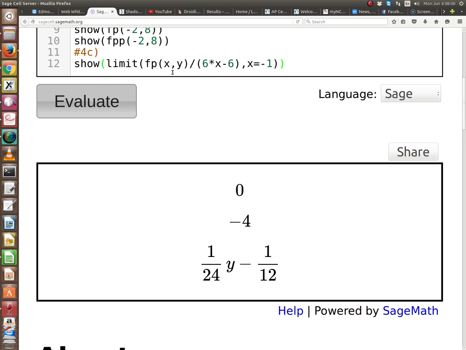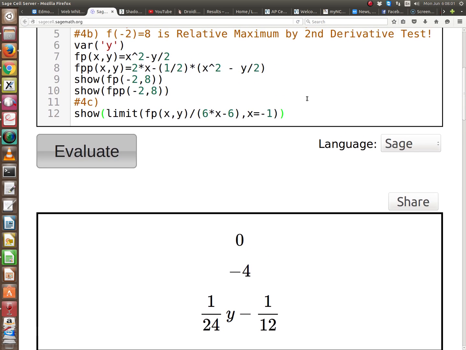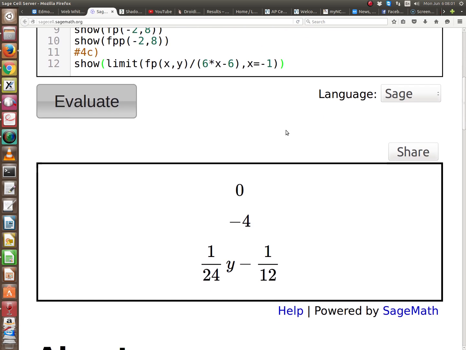And if you plug in -1 in the numerator, there's something wrong with this. What did you write?